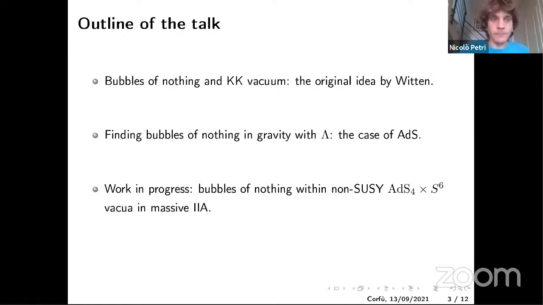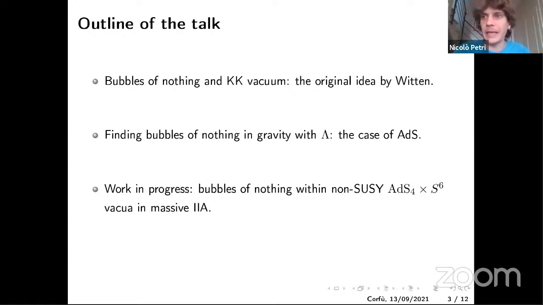And then finally, I will present some work in progress in which we will try to see what we can say when we go further in our analysis and we try to include some scalar field in a model and consider a concrete compactification coming from string theory.